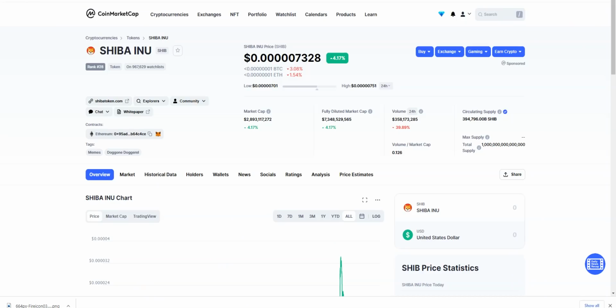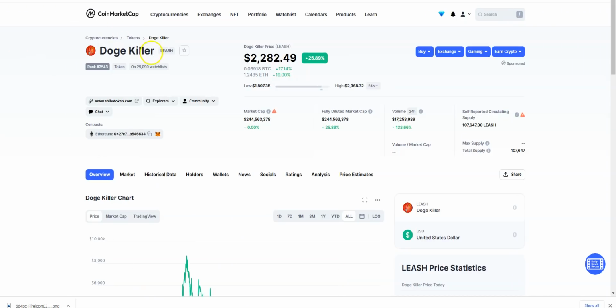the other tokens, for example, Leash, which is also called Doge Killer, has a market cap of about 244,000. That pretty much means 244,000 million of this token has been purchased, and this is actually quite difficult. It's got a very high price, as you can tell, because it's got a low circulation. It's quite pricey. One token actually costs 2,000.